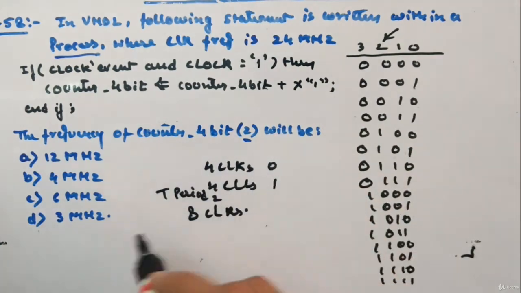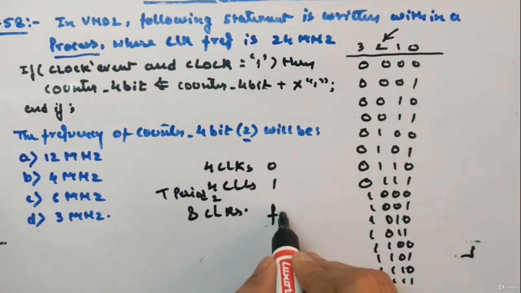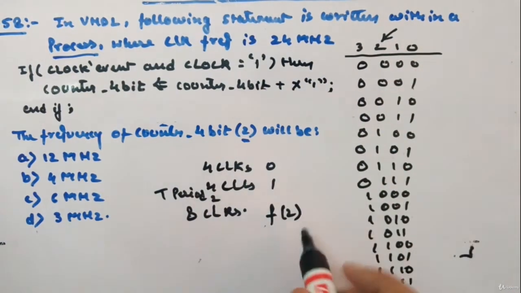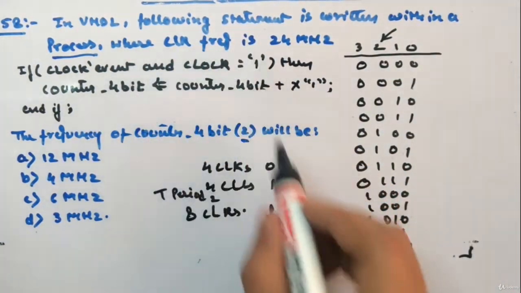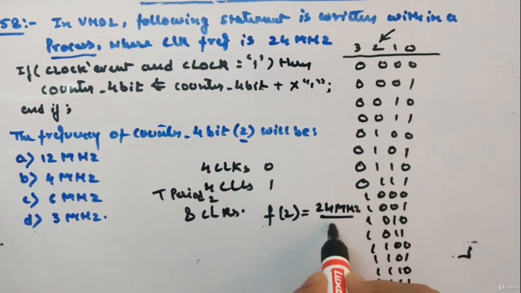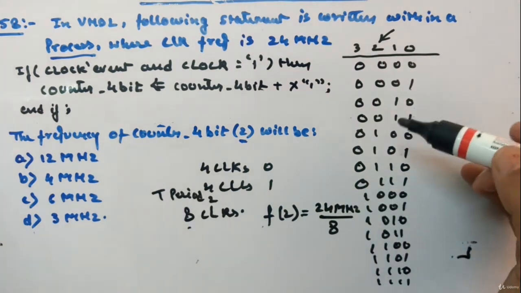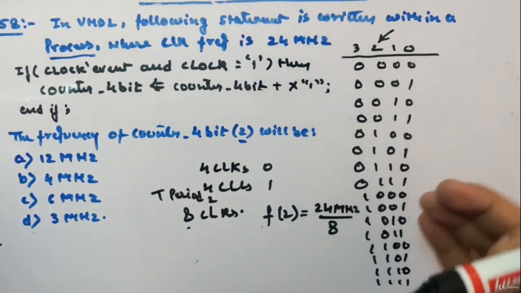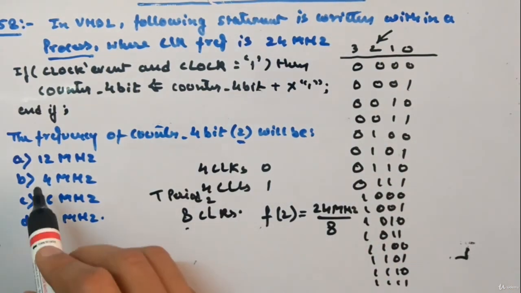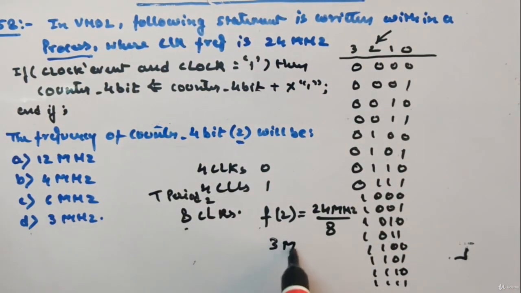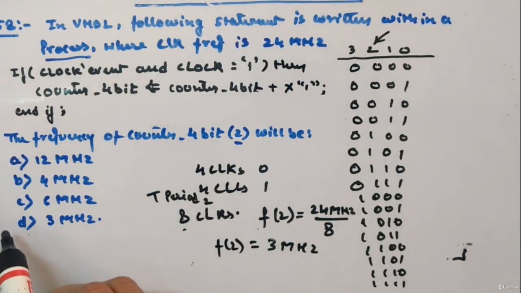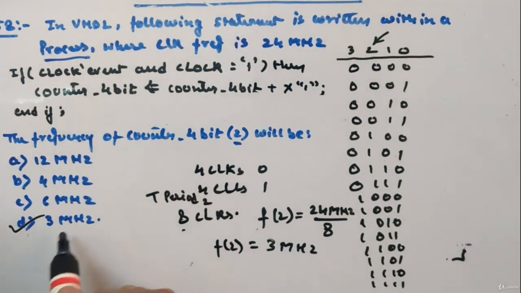So the frequency of this second bit is the clock frequency, 24 megahertz, divided by 8, because 8 clock cycles is the period of this second bit. That becomes 3 megahertz, F2. So our answer should be D, 3 megahertz.